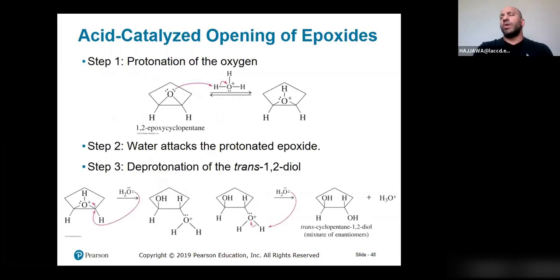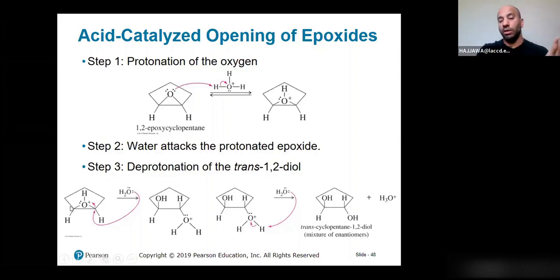What do we use epoxides for? I can make useful products, one of which is something that we have done earlier, which is making an anti-diol. What's that supposed to mean? Take an epoxide, treating it with H3O+. What will happen? Oxygen will get protonated first, so you end up making a protonated epoxide. And now water will attack the carbon that's more substituted.